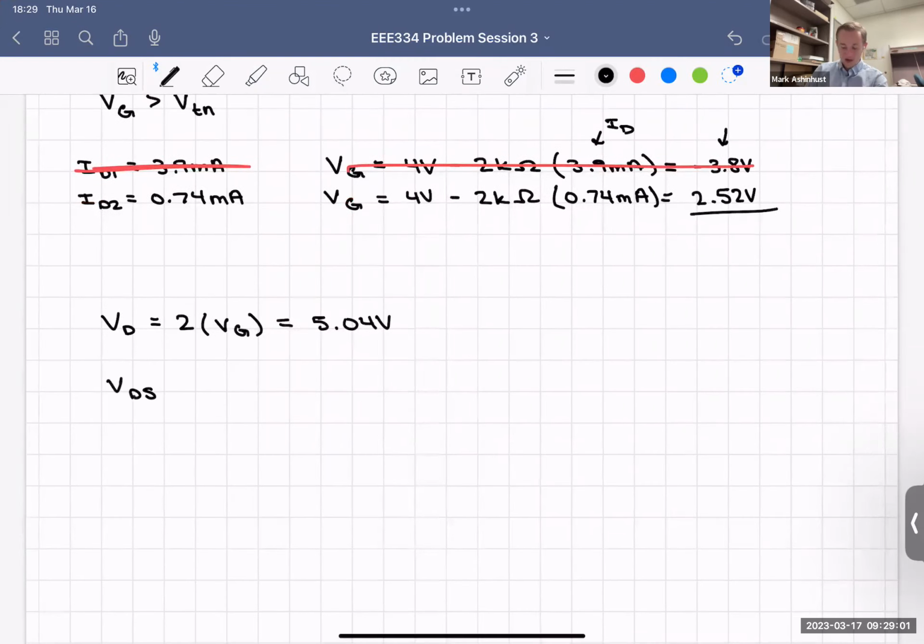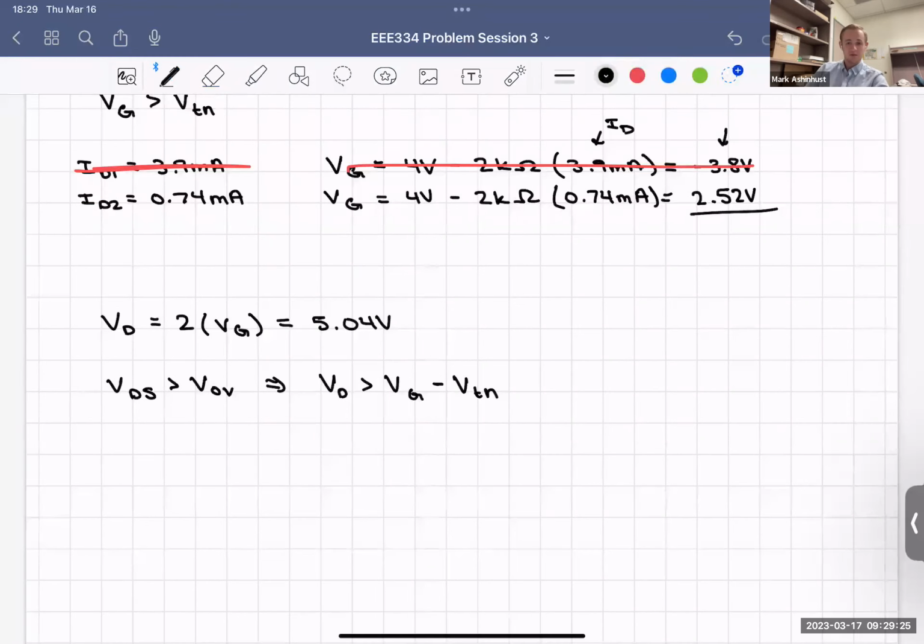So to be in saturation, VDS must be greater than VOV, which is actually just VD must be greater than VG minus VTN. Well, VD is double VG, so VG has to be multiplied to over double its size to be greater than VD.